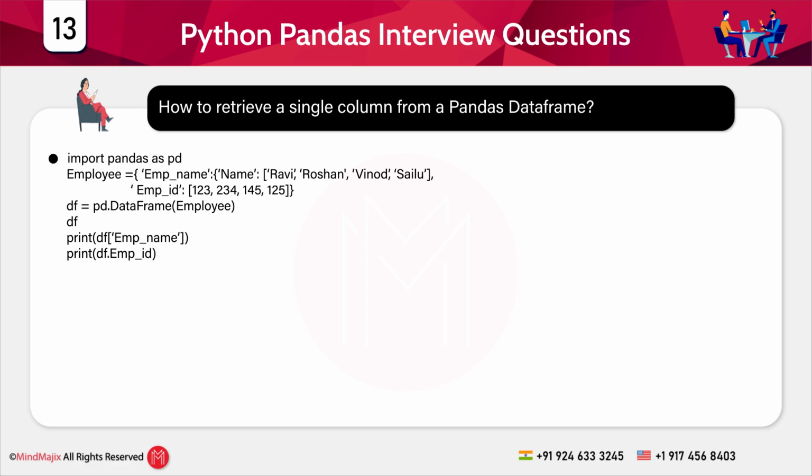But if you want a single column, as the question says, for that what you can do is print df and the column name in square brackets and single quotes. Okay, so this is one way of retrieving or printing a single column. And then there's another way, print df dot the column name. So over here we have specified employee ID. Okay, so this is how you retrieve a single column from a Pandas data frame.